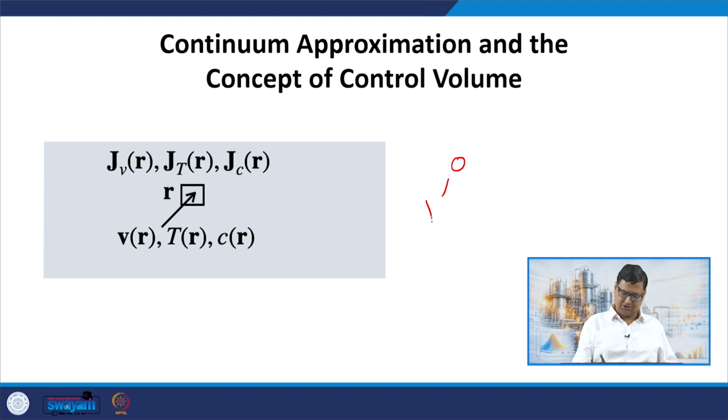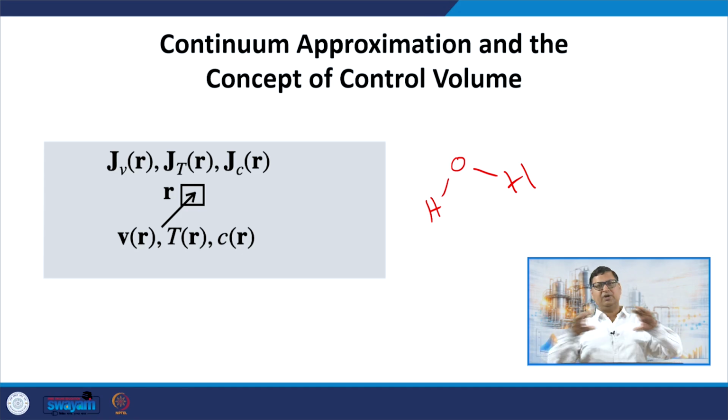So, water has an oxygen and two hydrogens. So, you may imagine that there are these molecules which are moving in the pipe, but when we write, let us say, equations to find the pressure drop in a pipe, we do not really worry about the chemical structure of water. We treat water as something known as a continuum.